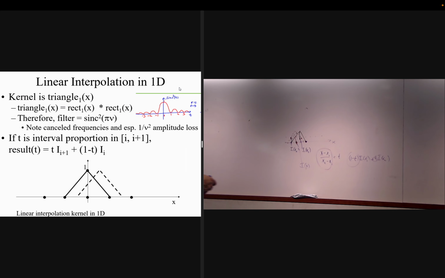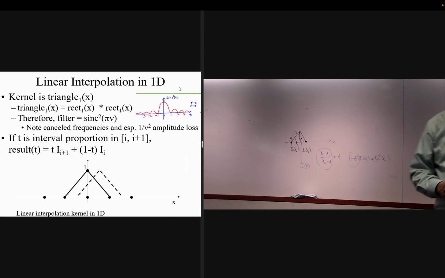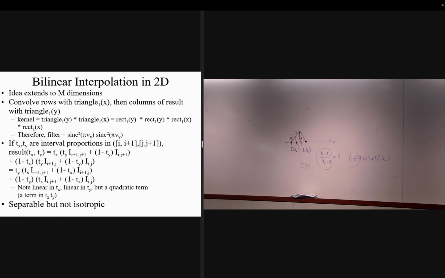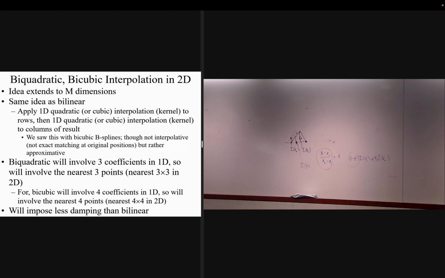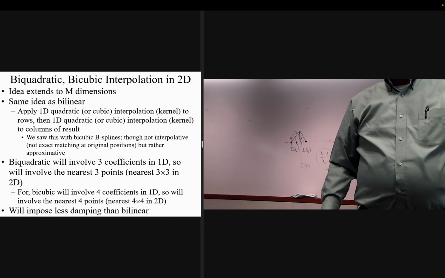And that has a kernel, and we can analyze the kernel, and we'll see that when we do that, we'll get, again, some function that falls with frequency in the frequency domain.